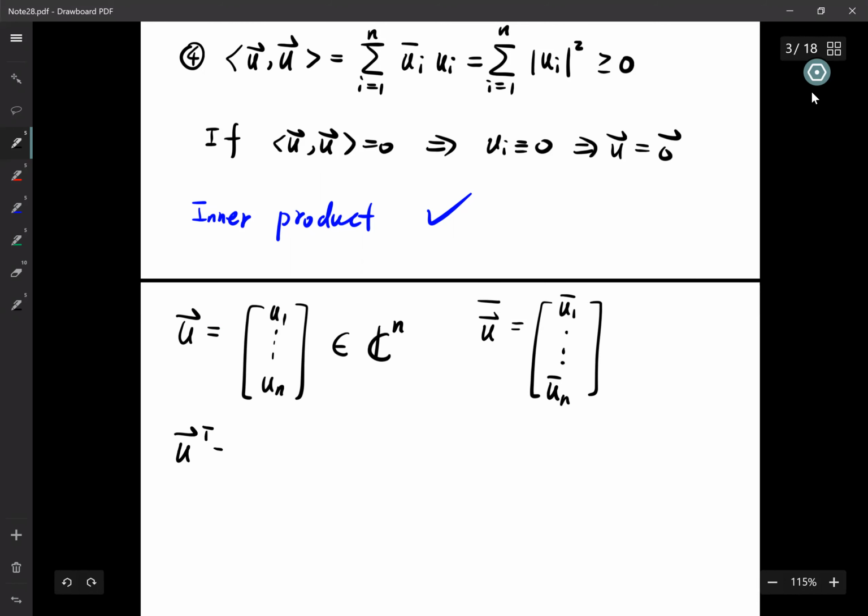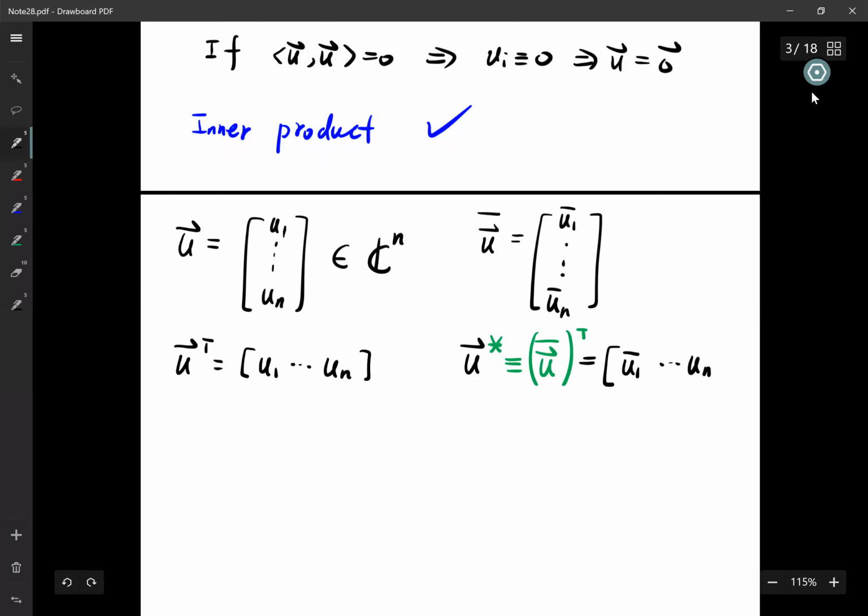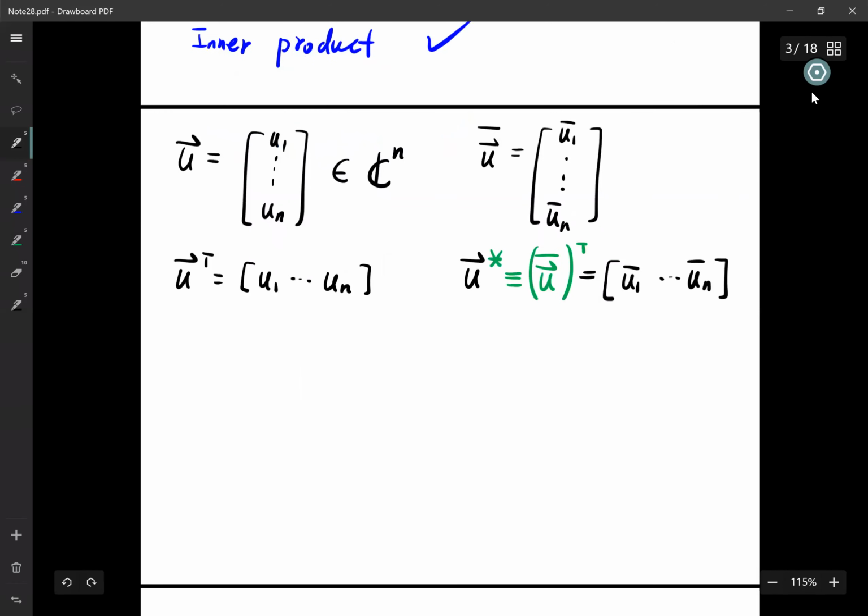When I write u transpose, this is u1 through un, but viewed as a 1 by n row vector. If I write u star, this is the same thing as you first take a bar and then take a transpose, or the other way, they commute. This is u1 bar through un bar as a row. Just notation. Any question?